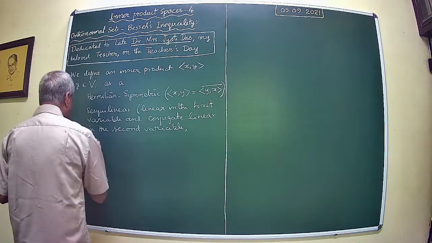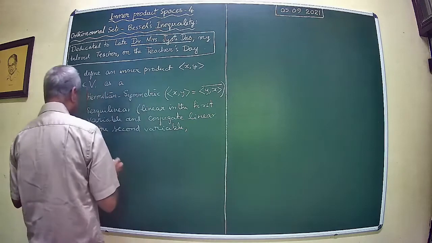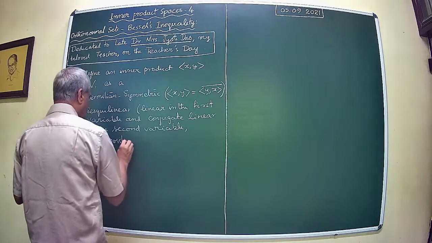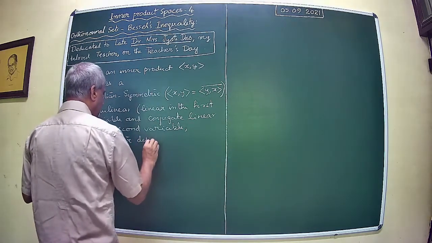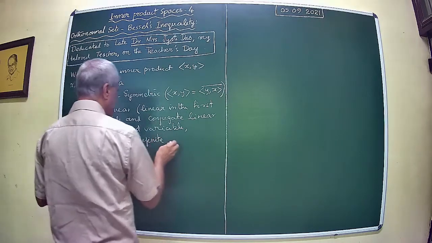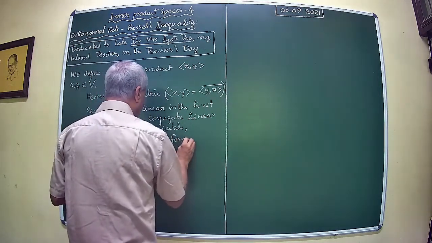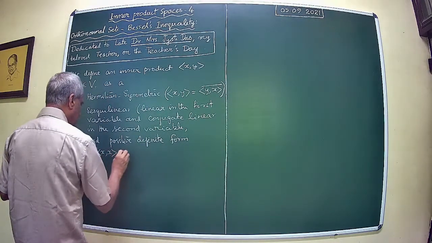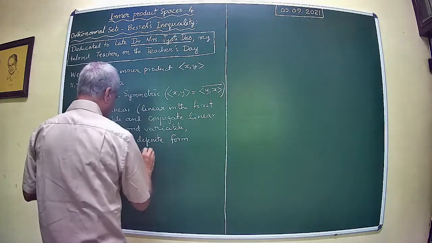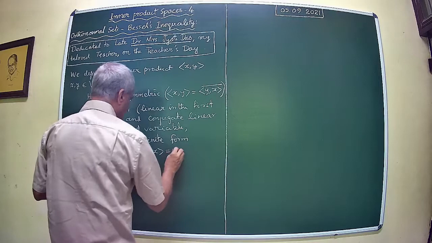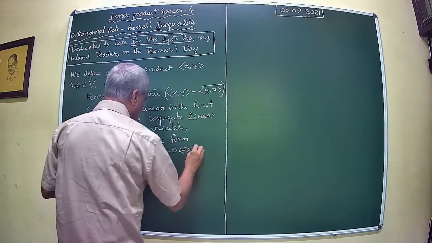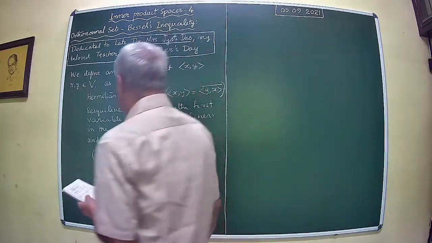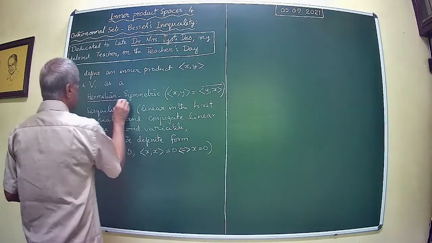And positive definite, the third one. So these are the three distinct attributes of the inner product.